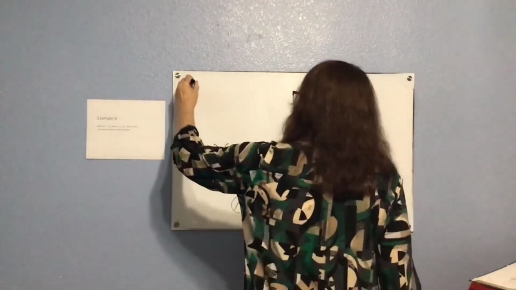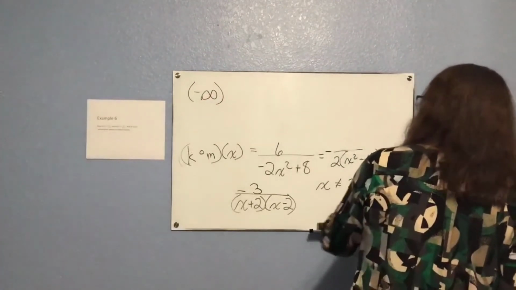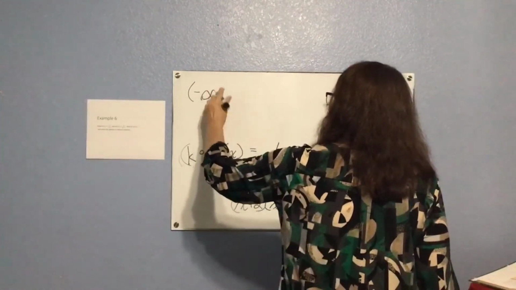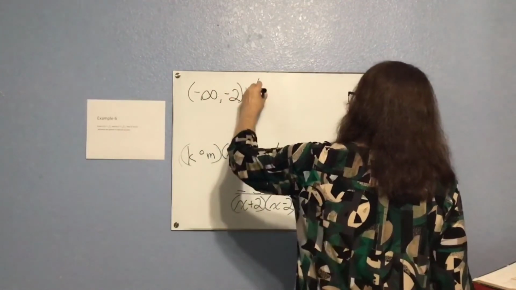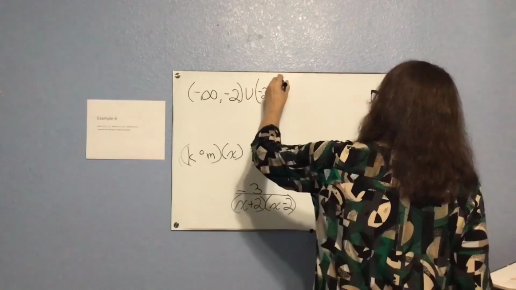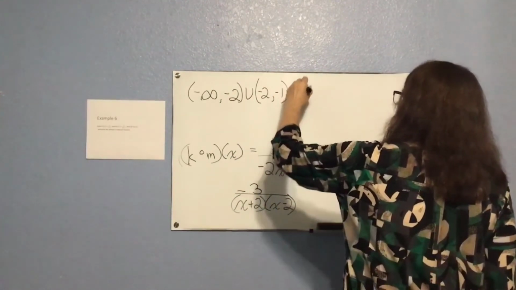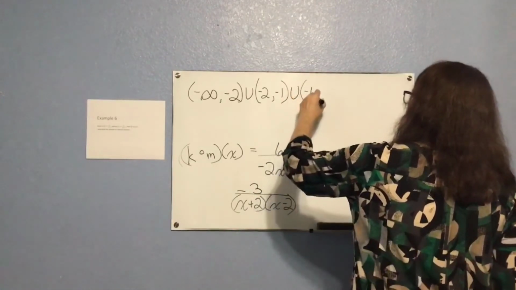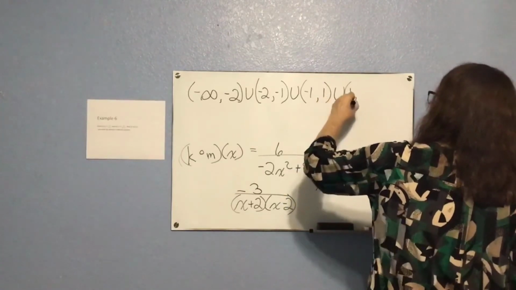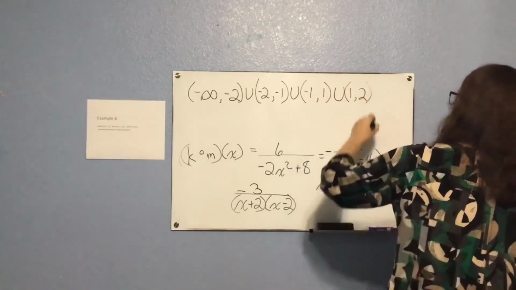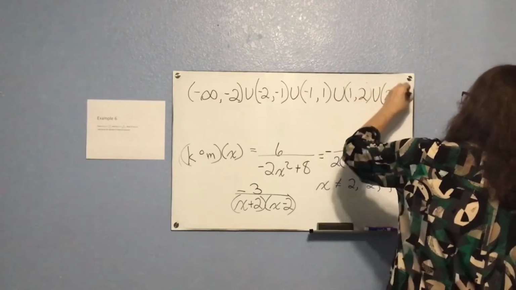I'm going to start at negative infinity, and my smallest number is negative 2. So skip over negative 2 and go to negative 1, which is my next smallest restriction, and then go from negative 1 to positive 1, from 1 to 2, and then from 2 to infinity.